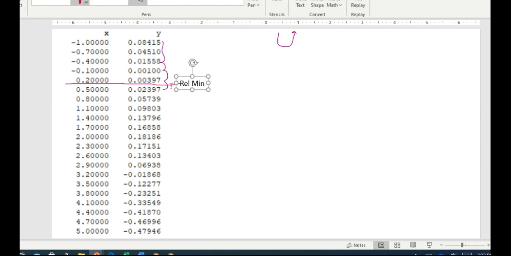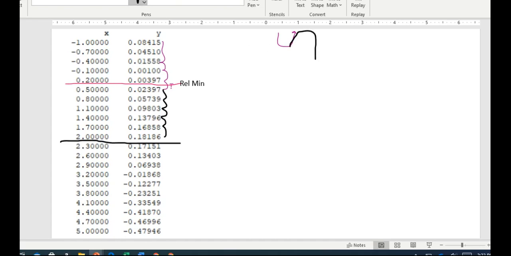Continuing to look at the y values, 0.05, increase, 0.09, increase, increase, increase, increase. But from 0.18 to 0.17, right here, we would be increasing, increasing, increasing, and then drop down.